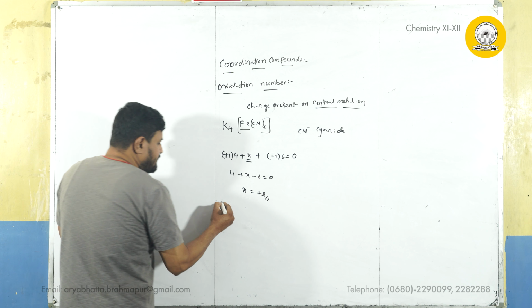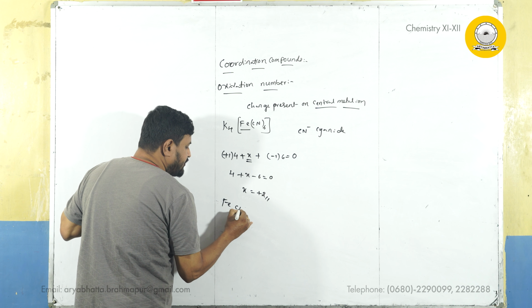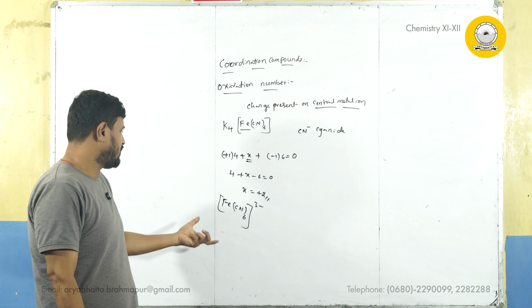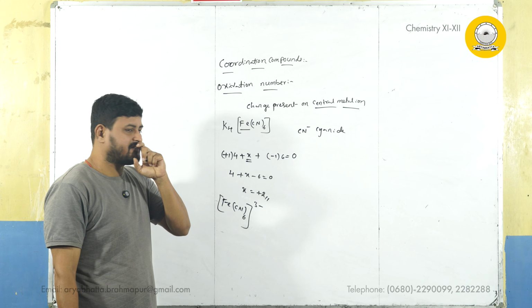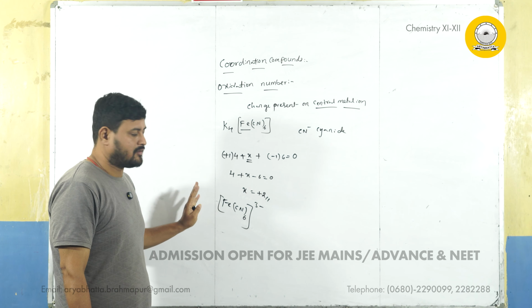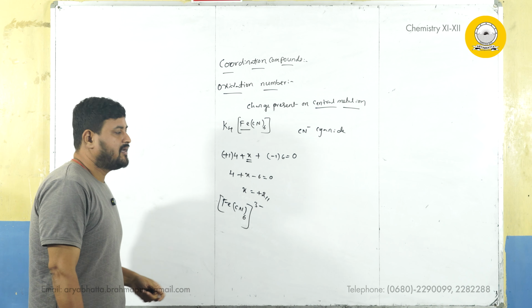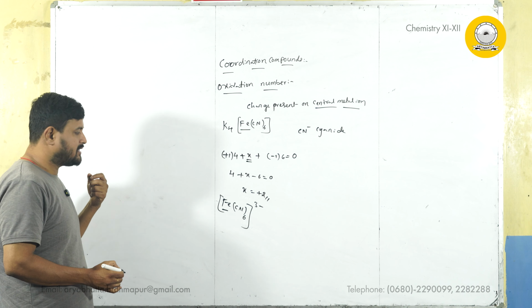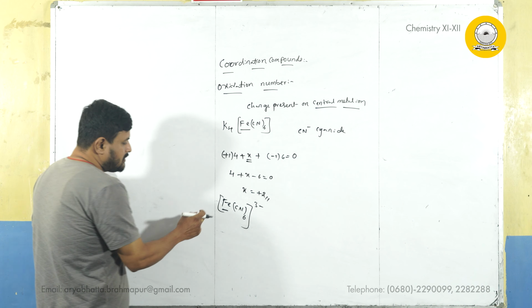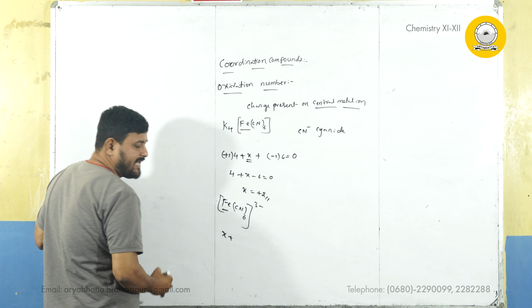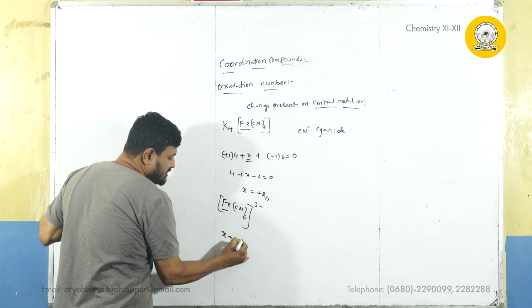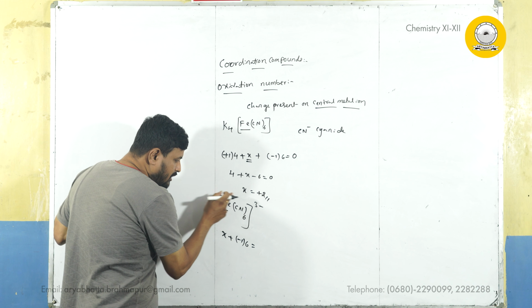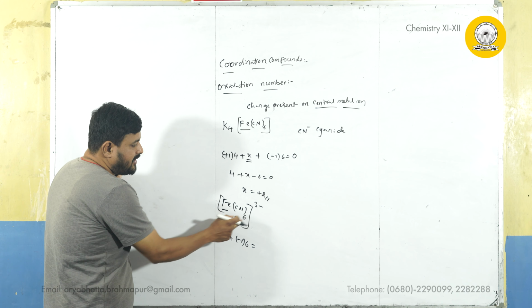I'm giving another example: [Fe(CN)6]3-. Both are different. In this case, how can we find the oxidation number? Iron is the central metal ion and its charge we don't know, so take it as X, and cyanide is minus 1 into 6. The molecule is not neutral; it has a minus 3 charge.